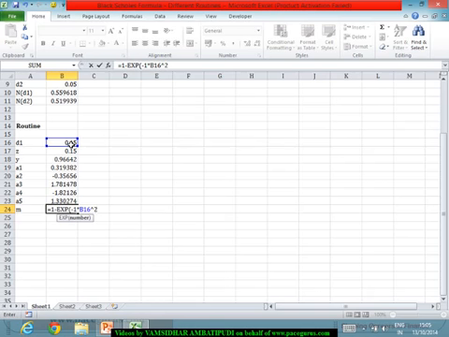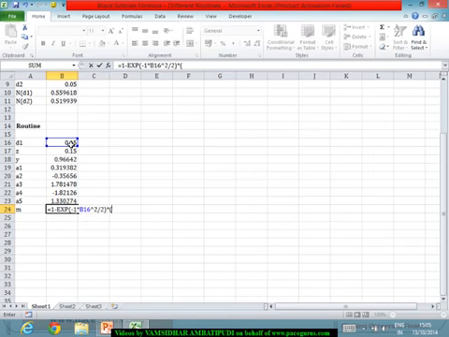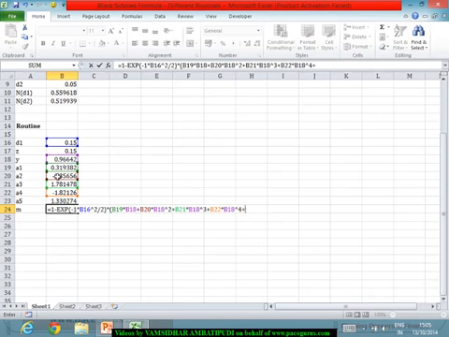E to the power of minus t squared by 2 multiplied by a1 times y plus a2 times y squared plus a3 times y cube plus a4 times y to the power of 4 plus a5 times y to the power of 5.